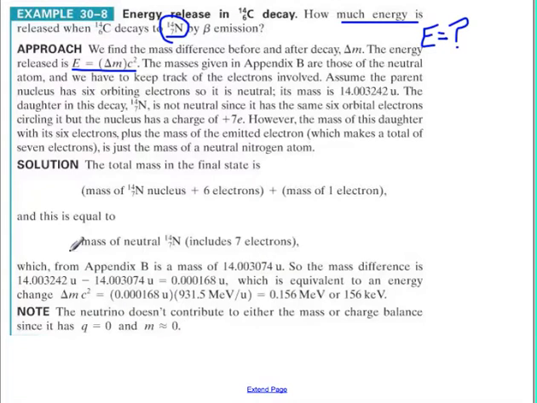The only reason they really did this is because otherwise you'd need to figure out the mass of that part up here, which just has 6 electrons, and there's probably not something in the tables that gives you that mass number. So that's why they're saying, just think of it as a regular old neutral nitrogen nucleus and get the mass out of the table.